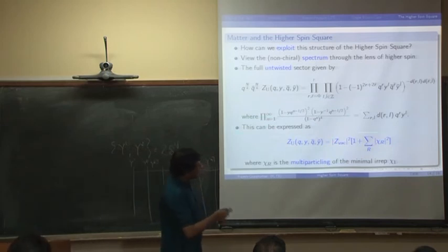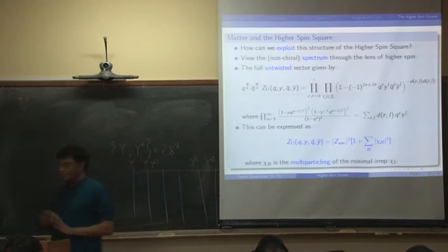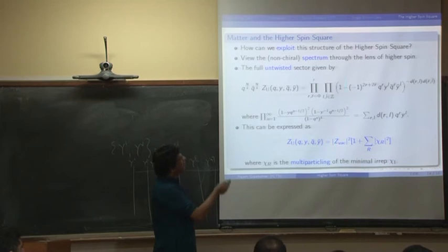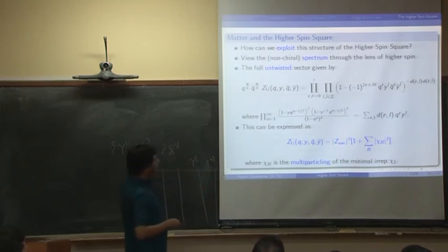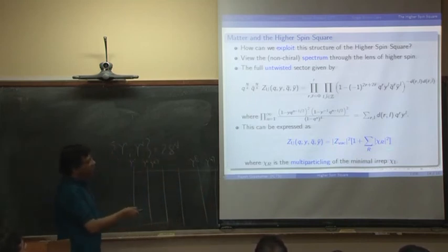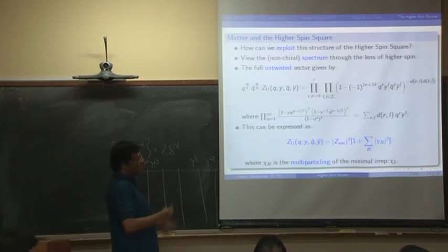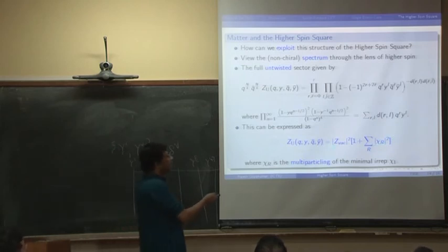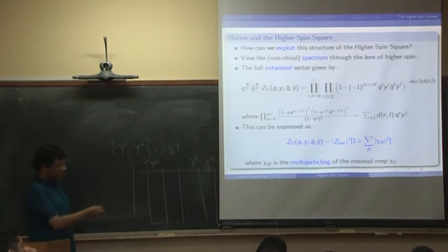So this untwisted sector, in fact, can be written as just a multi-particle version of a single irreducible representation of this bigger square, this higher spin square. These are labeled by some Young tableaux, so you can write this full partition function as the vacuum partition function, that is of the chiral sector, not square.